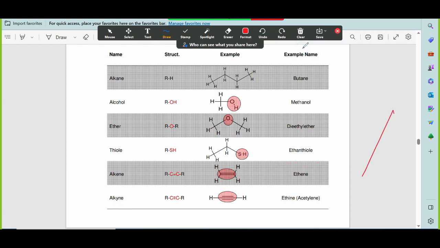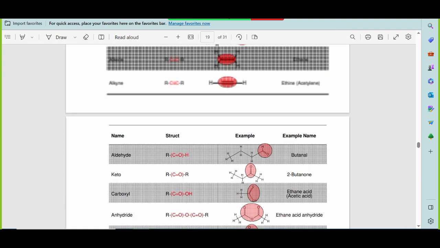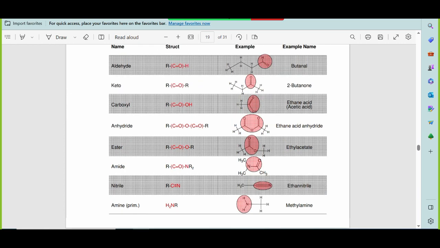Okay, let's continue. Then we have the aldehyde. So we also have now double bonds. We continue with double bonds, but now instead of being between the carbons, we have some functional groups. So this carbon double bond with O is called carbonyl.